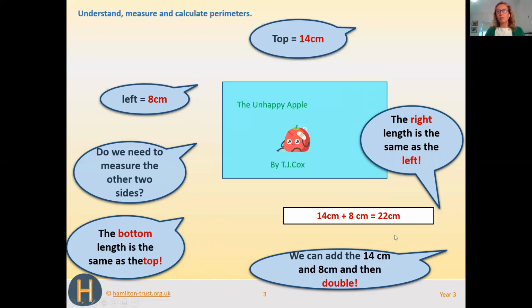Remember, when we double, we either add the number to itself, so we add 22 add 22, or we times the number by 2, 22 times 2. So if we double 22, our answer is 44. So the perimeter of the book, The Unhappy Apple, is 44 centimetres. Remember, the perimeter is the distance all the way round.